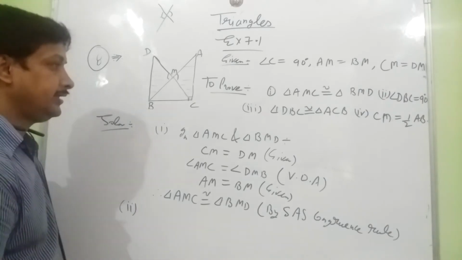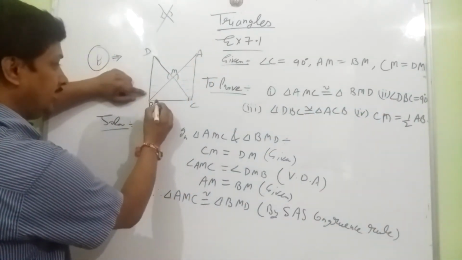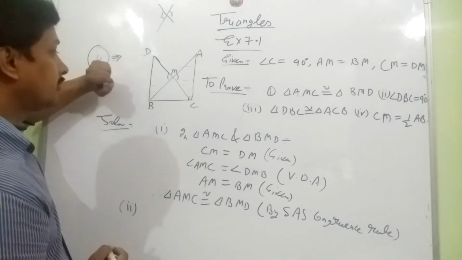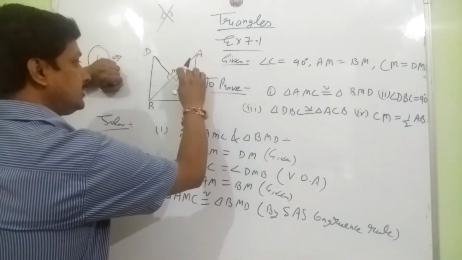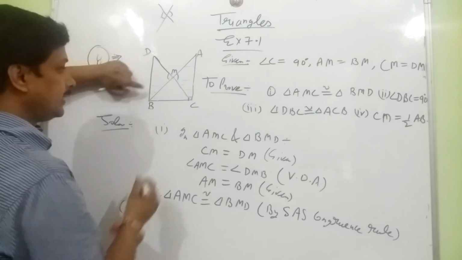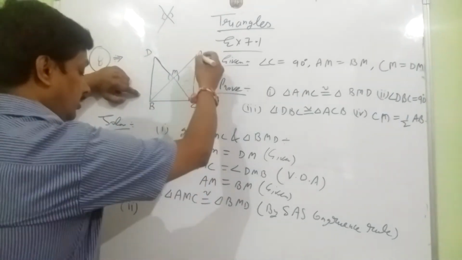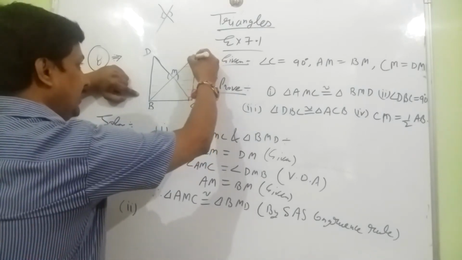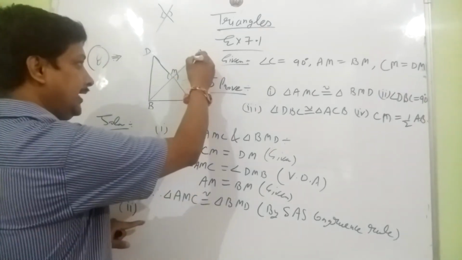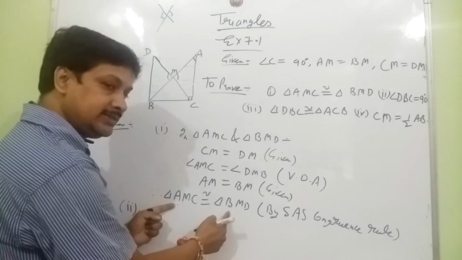Now for the second thing, we have to prove angle DBC to be 90 degrees, this whole angle. So listen, you know this triangle is congruent to this triangle. If this triangle is congruent to this triangle, then angle A, what is the thing which is corresponding to angle A, vertex A? A is written first and here B is written first.